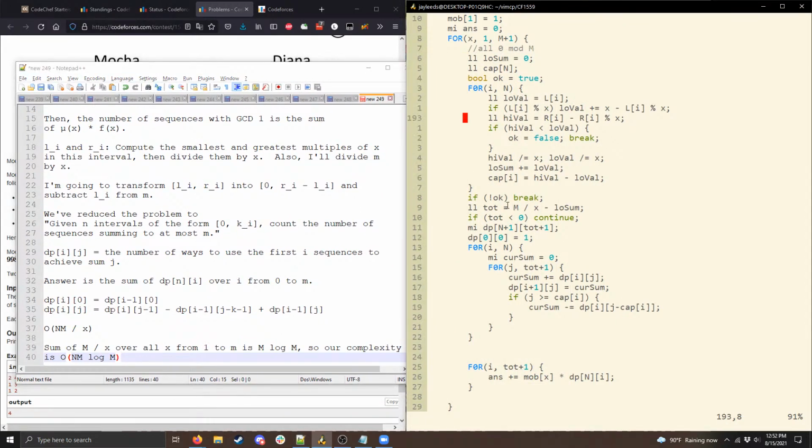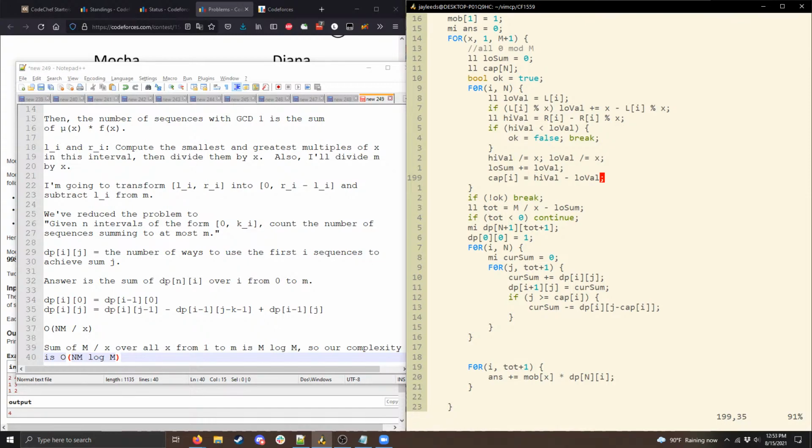This does a little bit of math to get low val and high val, which are the lowest and highest multiples of x. In particular, if there's no multiple of x in the range L_i to R_i, then I just quit. Then I add the low value to the low sum and update our cap array.